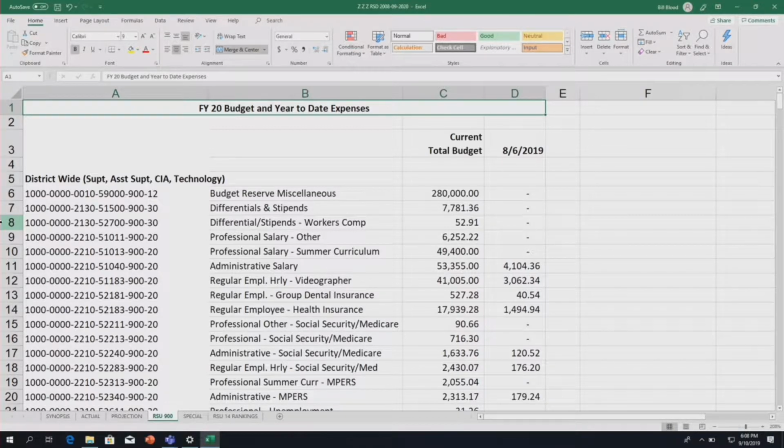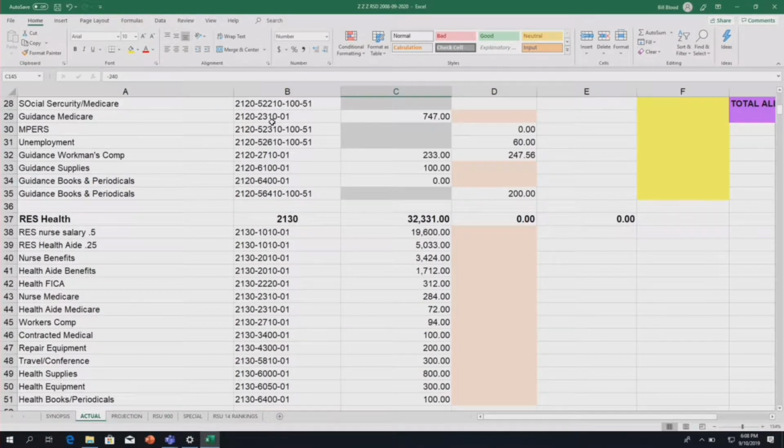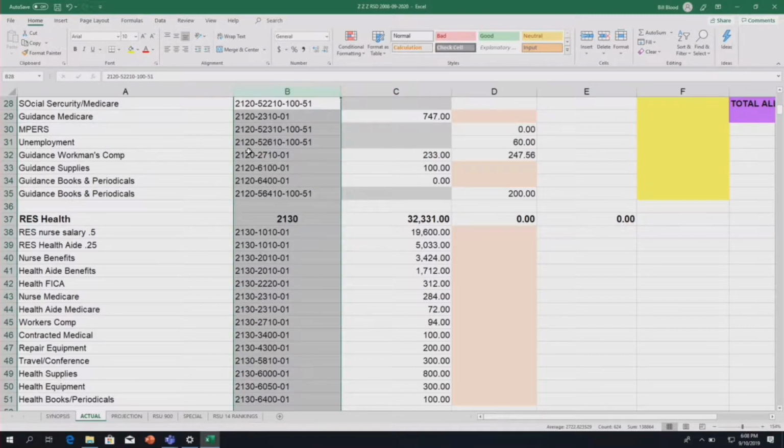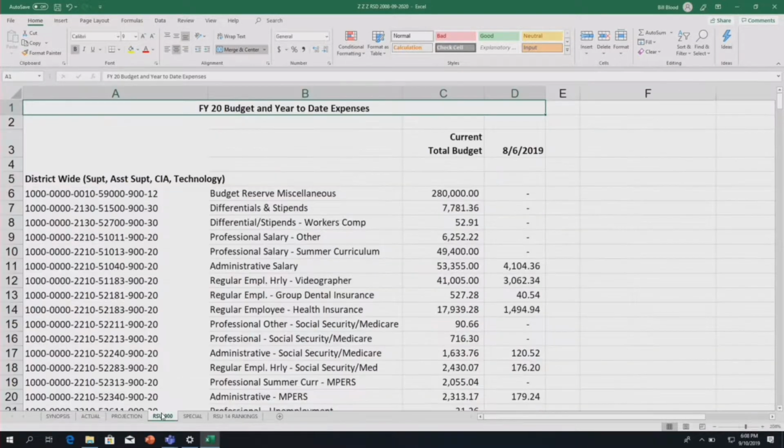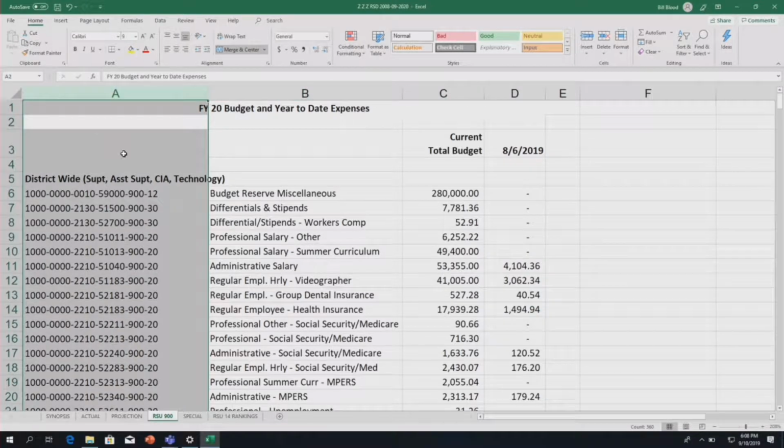So because we have these numbers in this column, we can go back in and pull out the numbers, because the cost centers and the allocations inside the cost centers would be the same. That's a very lengthy process. There's 450 items in this one category. So that's where we are on that.